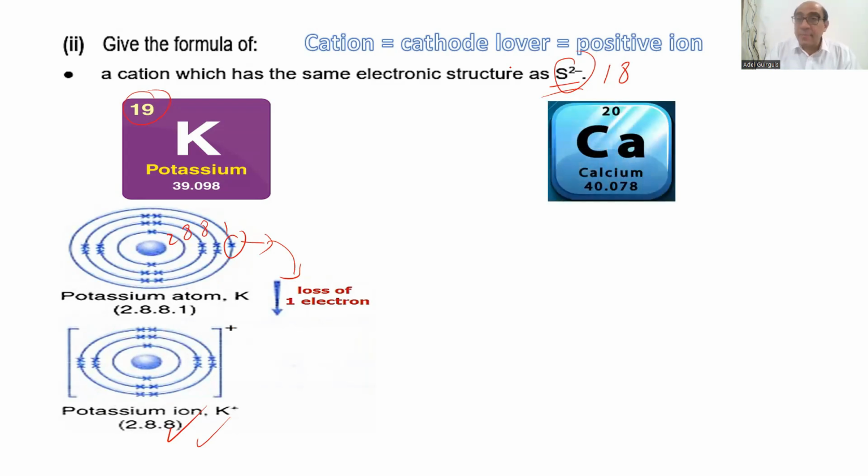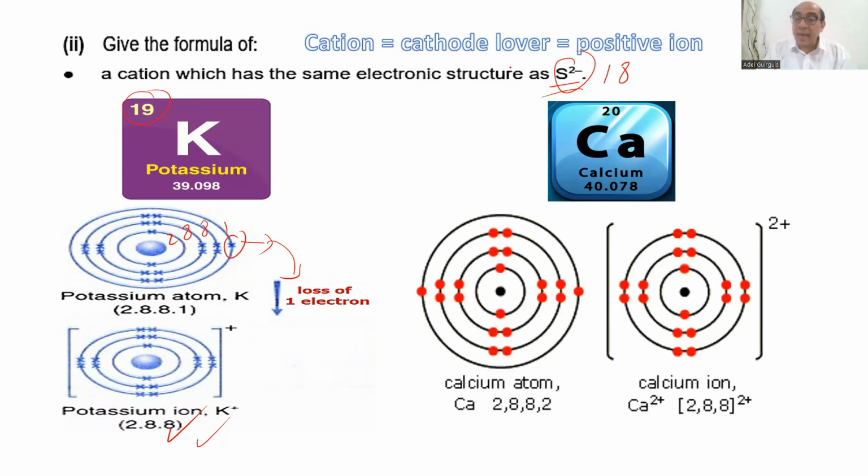Now another example, calcium. Calcium equals 20. Calcium is a metal. Its electronic distribution is 2, 8, 8, 2. During chemical reaction, each atom loses 2 electrons from the outermost shell to become 2, 8, 8.